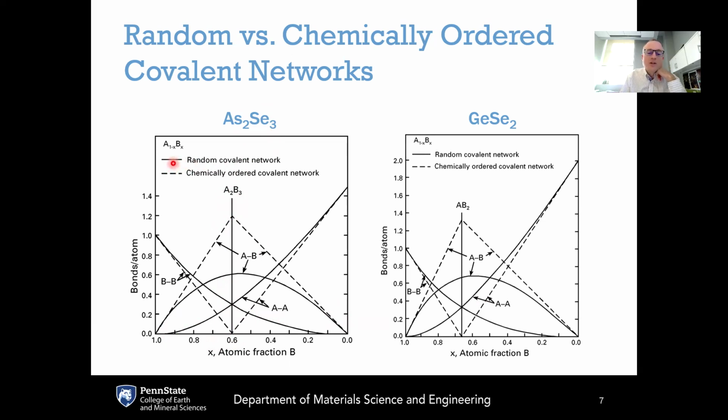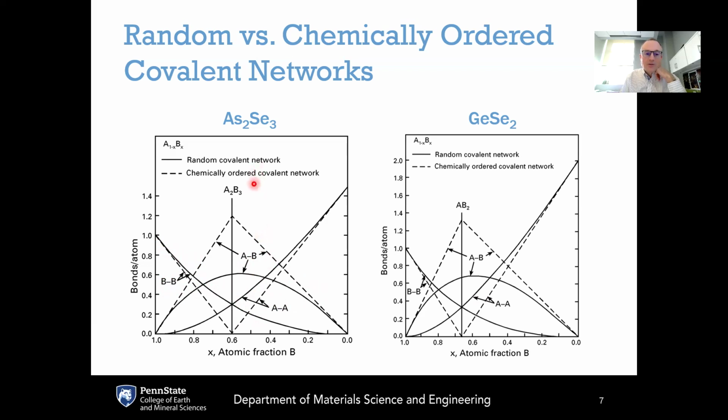So if it's just by chance, there's no energetic preferences in the type of bonding, just making random connections between atoms, you would get the structure of the glass as indicated by the solid lines shown here, where this is indicating bonding between like species of B. So this would be selenium to selenium bonding. The A to A bonding would be arsenic to arsenic bonding. And then the A to B bonding would be arsenic to selenium bonding.